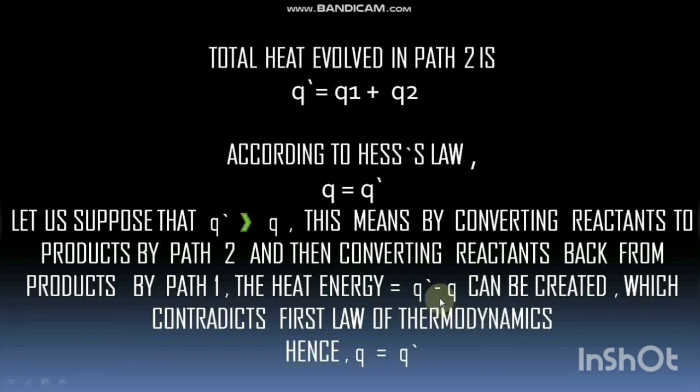This is against the law of conservation of energy or the first law of thermodynamics. Thus, Q dash cannot be either more or less than Q. The two values must be the same. That is, Q dash is equal to Q, or Hess's law is true.